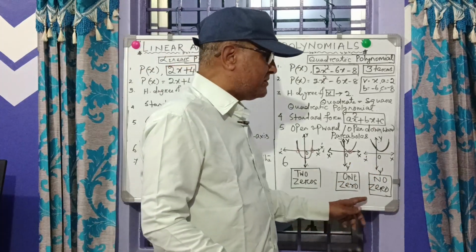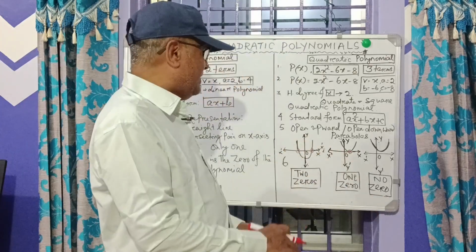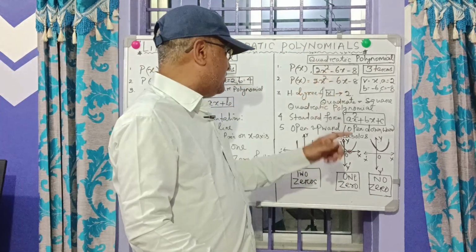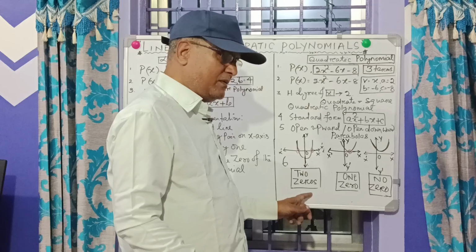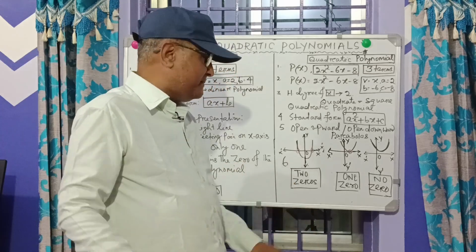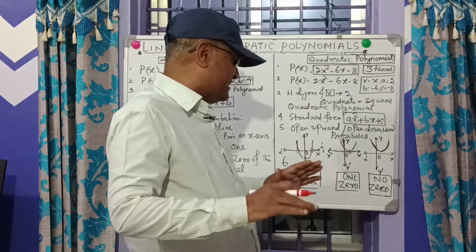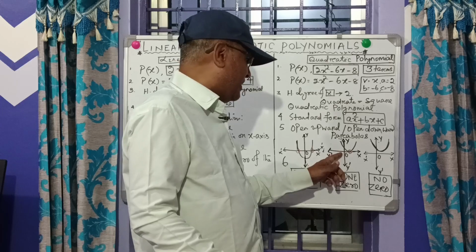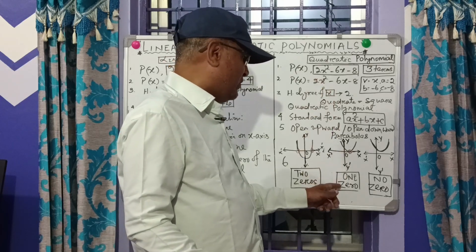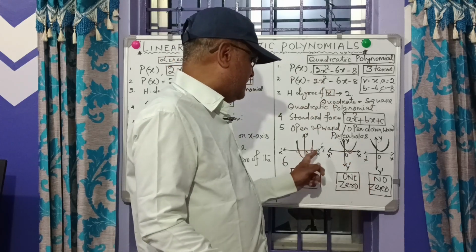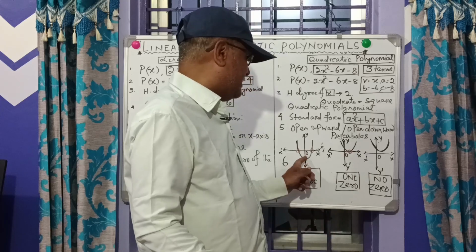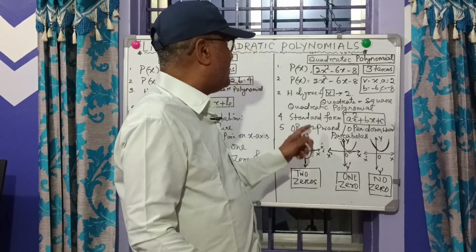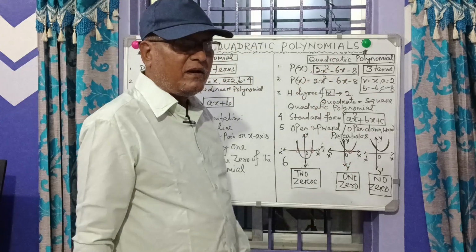So there are three conditions, but generally a quadratic polynomial has two zeros. There are some cases in which it has one zero or no zero. These are the graphical or geometrical representations of a quadratic polynomial.